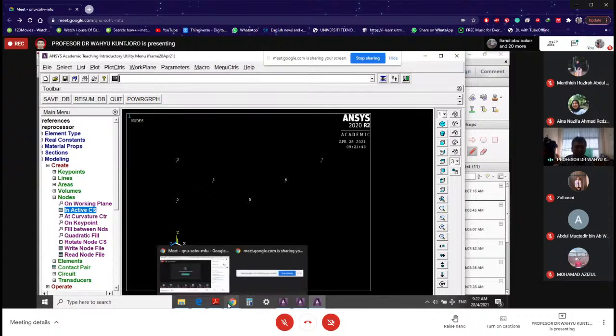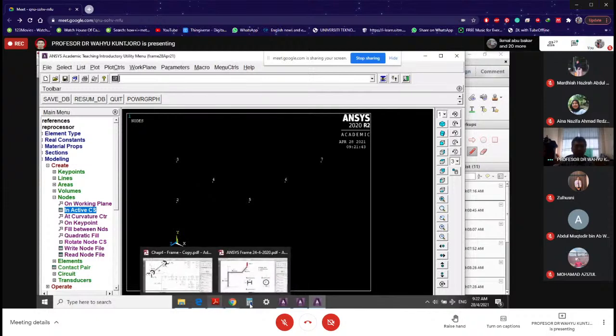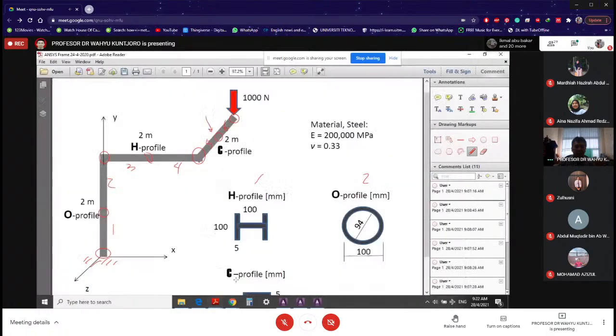For that, I will go back. Remember that we are going to have element number 1, element number 2, etc. We agreed first that element number 1 and element number 2 are based on this cross section. Okay, I'm going to change it.